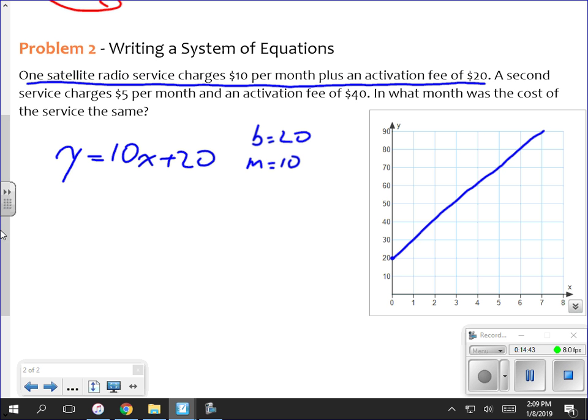If I do my second equation, the second service charges $5 a month and an activation of $40. It costs me $5 per month plus $40 up front.